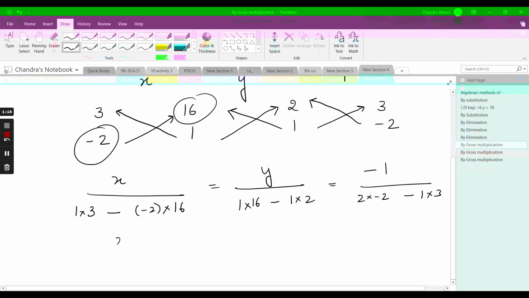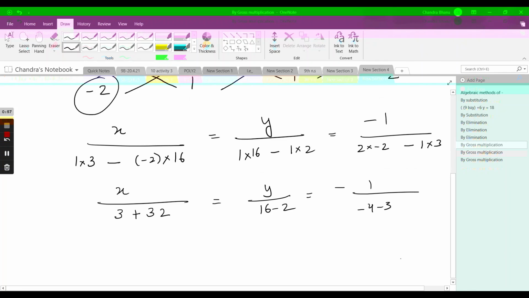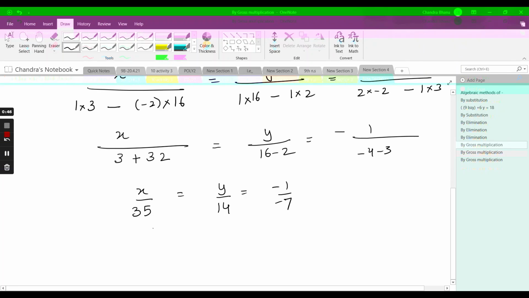So what am I getting? I am getting x upon 3 plus 32, y upon 16 minus 2, minus 1 upon minus 4 minus 3. So it is x upon 35 is equal to y upon 14 is equal to minus 1 upon minus 7. Now since all the ratios are equal, I am going to equate first and last, second and last.